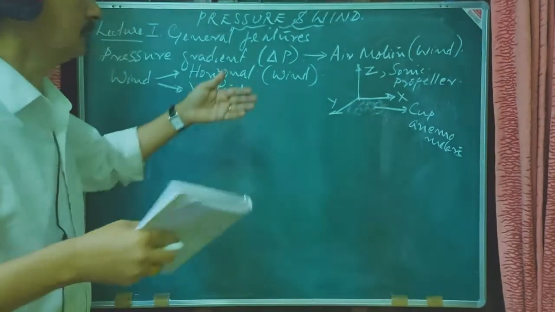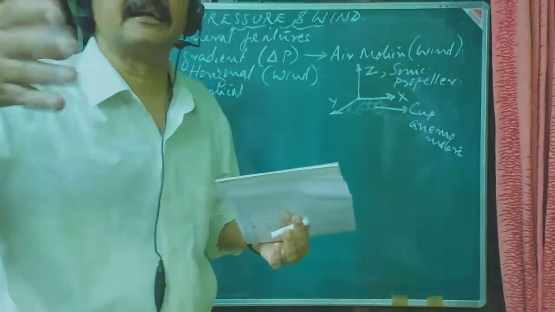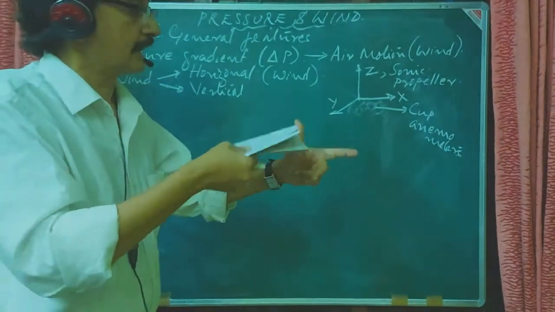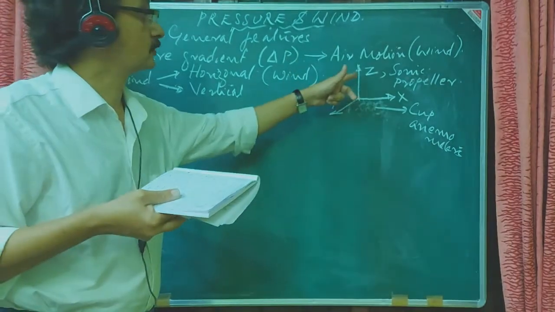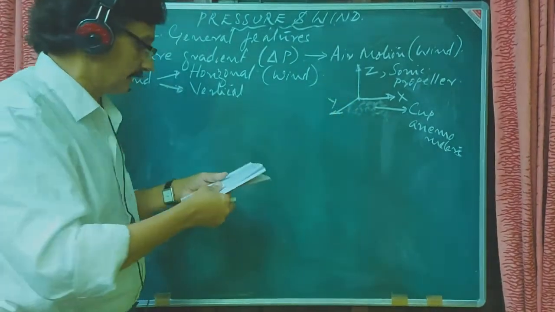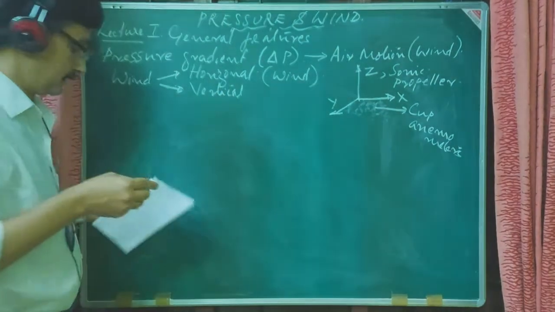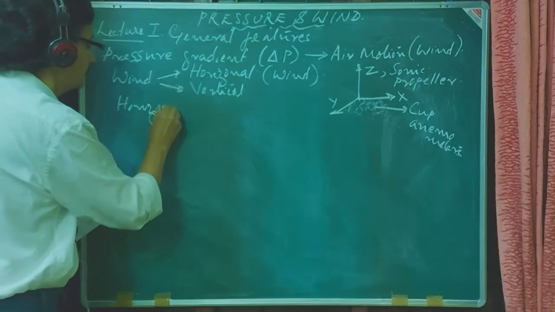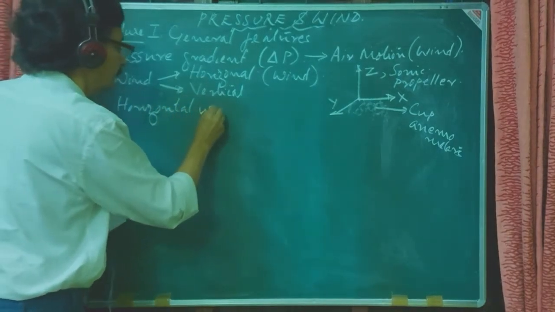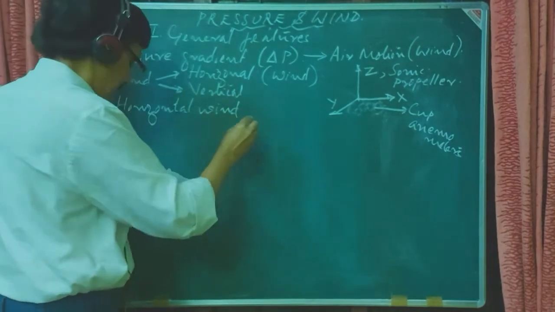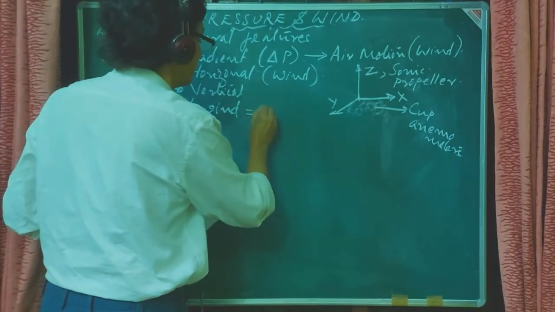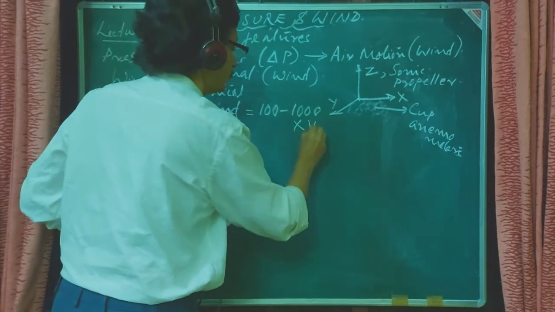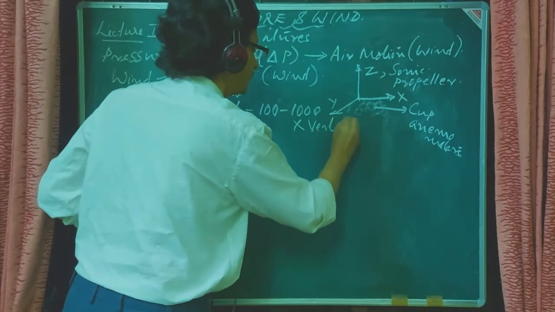So what we are experiencing is the so-called horizontal wind, and there is a Z component, the so-called vertical wind, and vertical wind is negligibly small. If you compare horizontal wind and vertical wind, the horizontal wind is 100 to 1000 times the vertical wind.